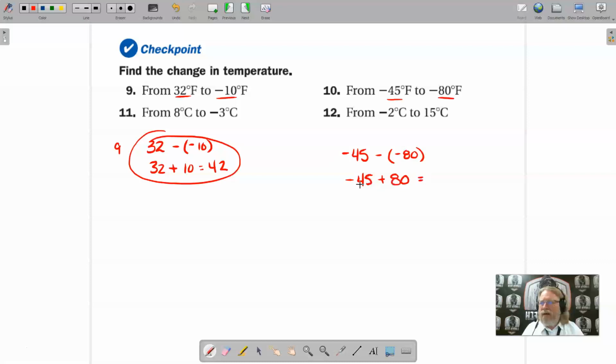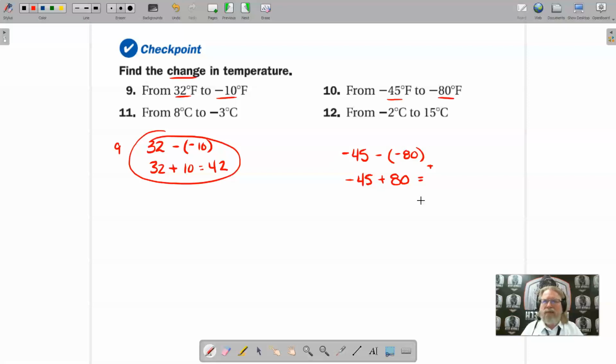And now they are different signs. One's positive, one's negative. The positive number has a greater absolute value than the negative number, so our answer is going to be positive, which is good because distance or change in temperature is what we're wanting, the amount of change. So it's always going to be a positive. It's either going up or down.